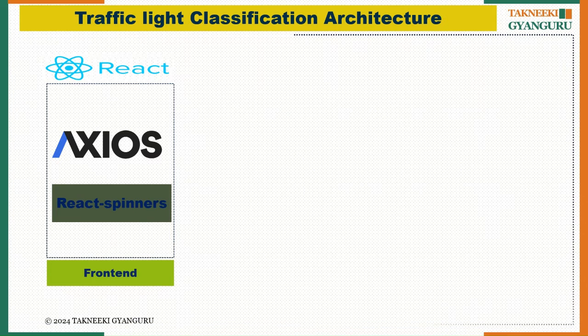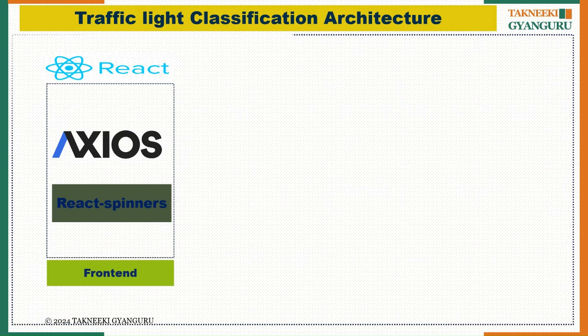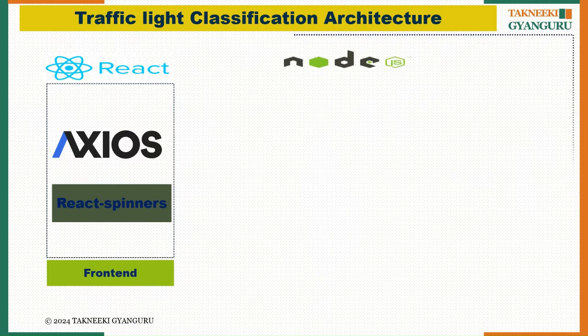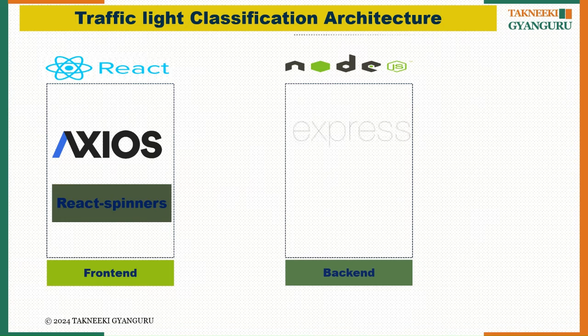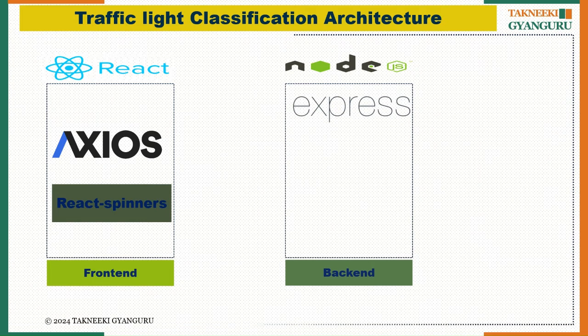So we'll see the code of React.js as a front end. Then we'll talk about the Node.js that will work as a backend. In the Node.js, we'll use Express as a server. So Node.js will work as a backend server.